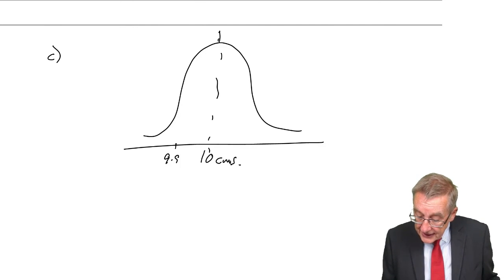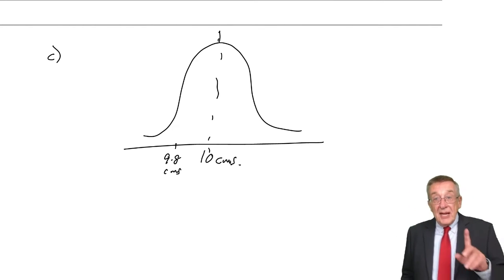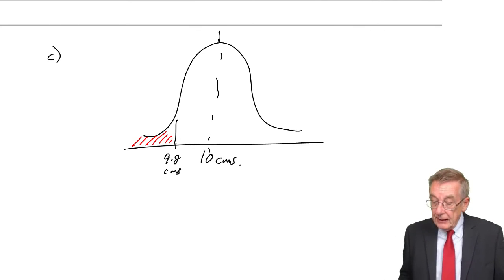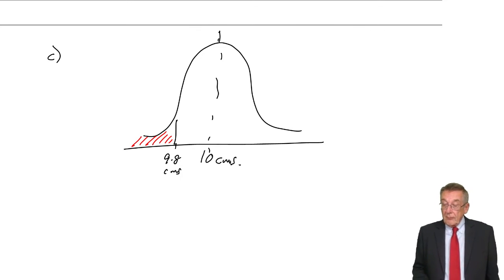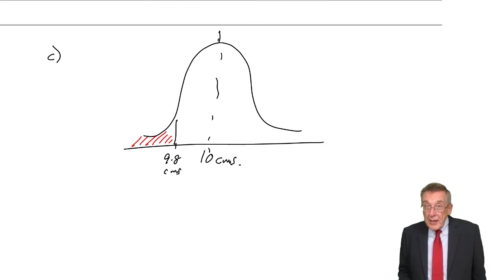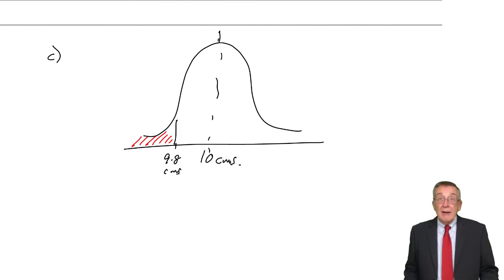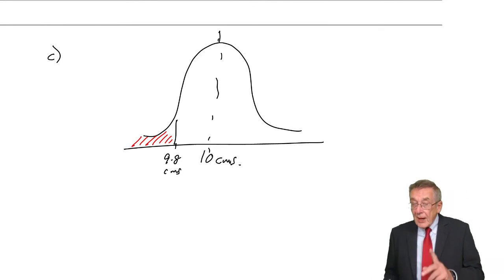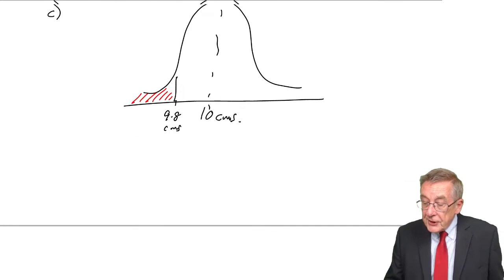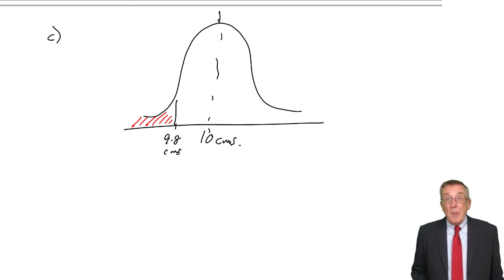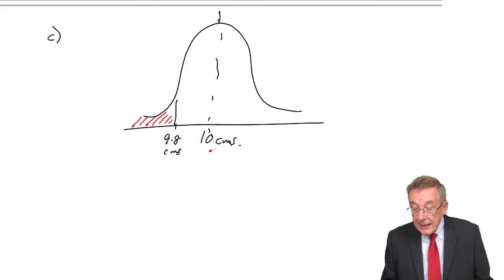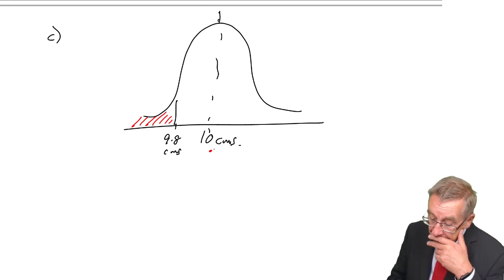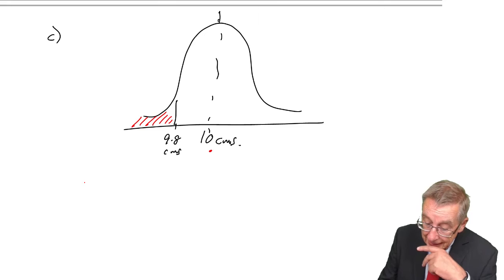Well, if 9.8 is there, to be less than 9.8 is here. And so what we want is that red area as a proportion of the total area. But again, think back to what I said earlier. These tables, we can only look up areas between the mean and some other point. So how are we going to do it? Well, I know what proportion are less than 10.